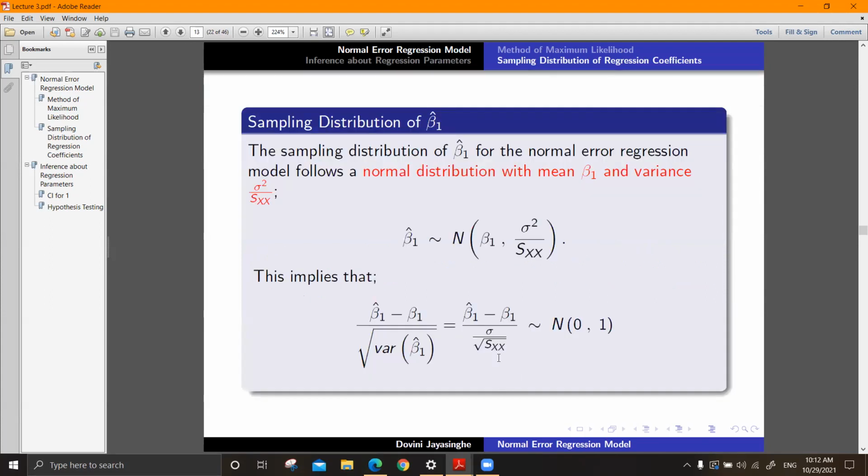Right. Then we are discussing the sampling distribution of beta 1. You might be thinking why I'm discussing all this. We are going to make use of these at the end, because without knowing the distribution, how can we make a confidence interval? Without knowing the distribution, how can we do a hypothesis test? Why are we doing a regression?